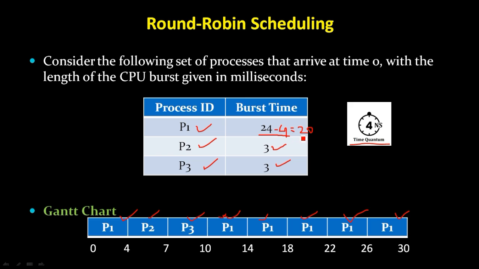The remaining burst time is 20, so it is getting 1, 2, 3, 4, 5 time quantums. So 5 into 4 is 20. It will complete 20 nanoseconds of burst time and exit at the 30th nanosecond. So this is the Gantt chart we have prepared on the round robin scheduling algorithm.